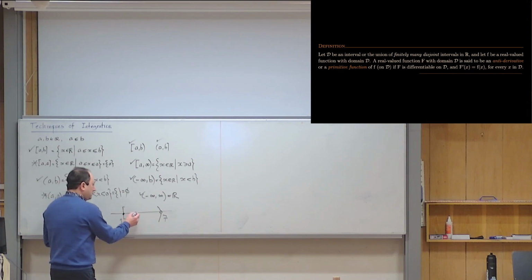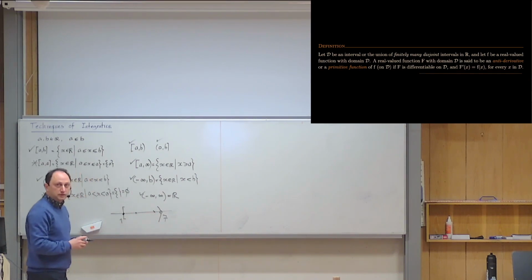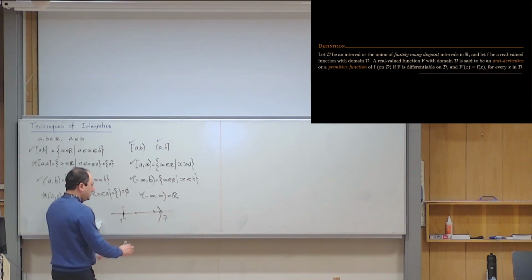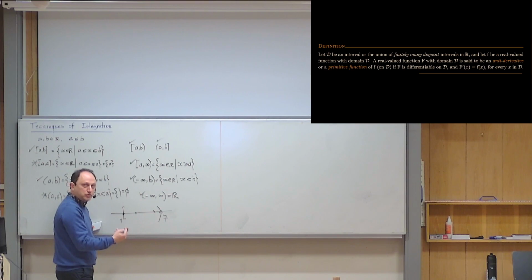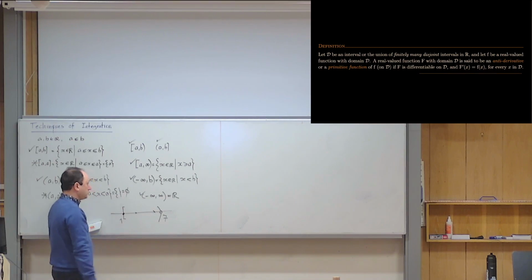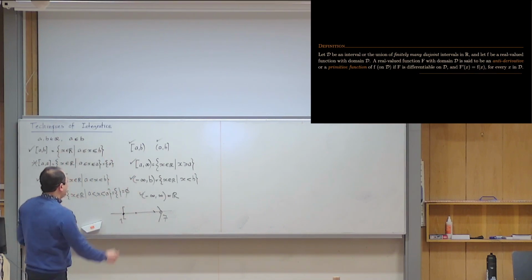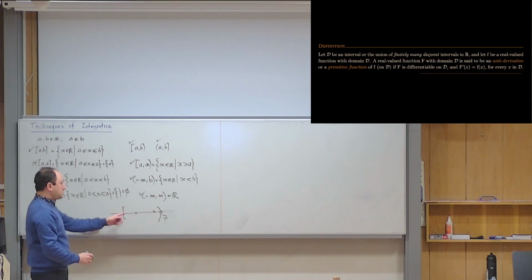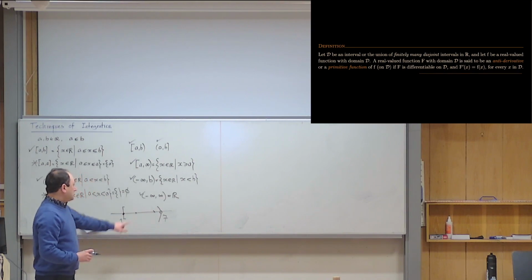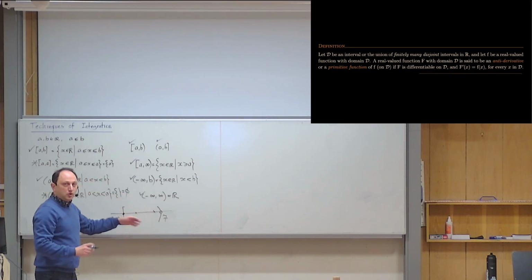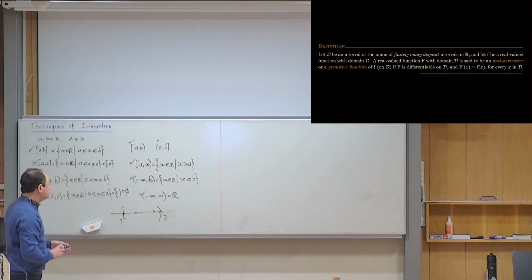It means that whenever you pick any 2 points in your interval, then your interval contains all the line segments between those 2 points. That is the importance of intervals. It doesn't matter which interval you are considering, except these degenerate cases. That is the main property that makes intervals so important for us in this topic. Choose any 2 points within the interval, and all the line segments between those 2 points are also included in that interval.